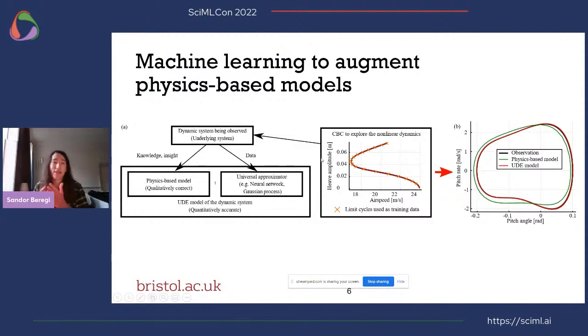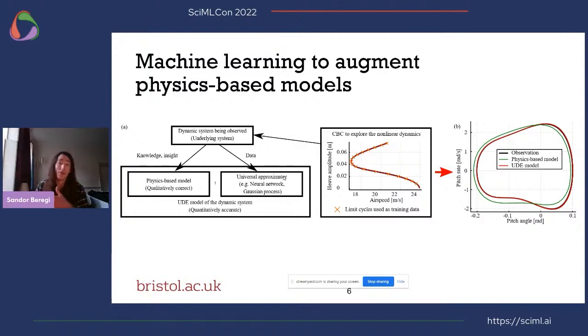And usually the case with an engineering system is that one already has some sort of knowledge or insight into how the system actually works. Therefore, it's usually possible to come up with a good physics-based model, which at least in a qualitative sense describes how the system behaves. But usually that model is never 100% accurate.